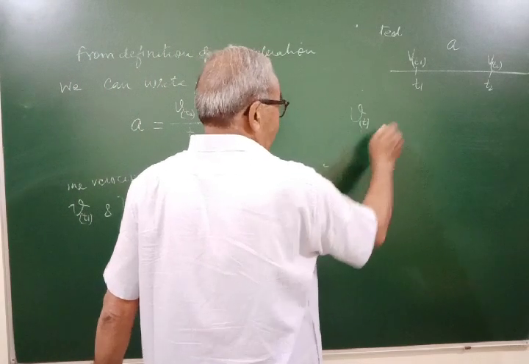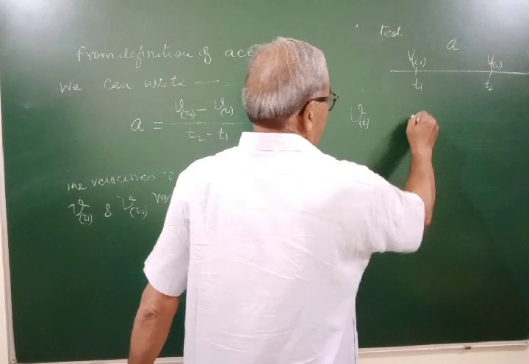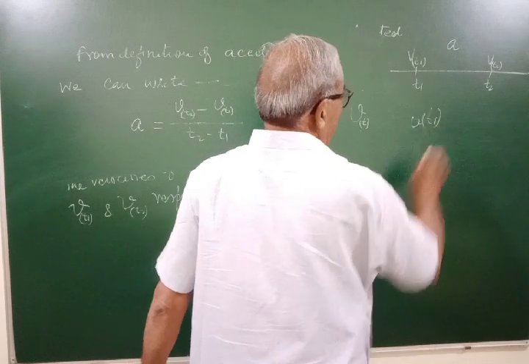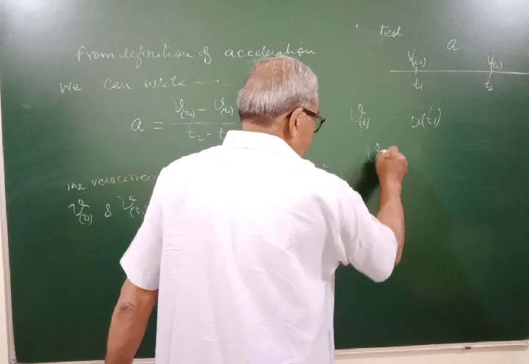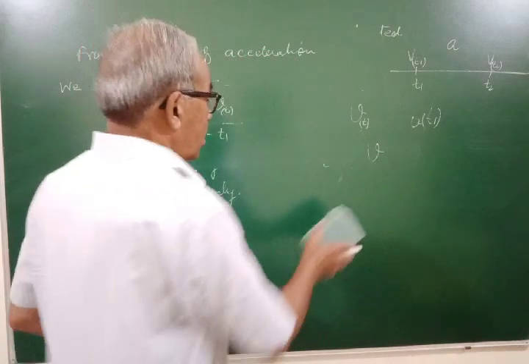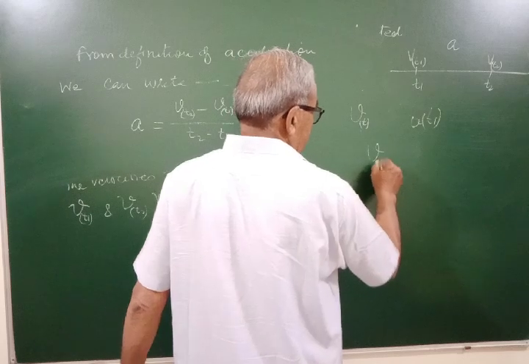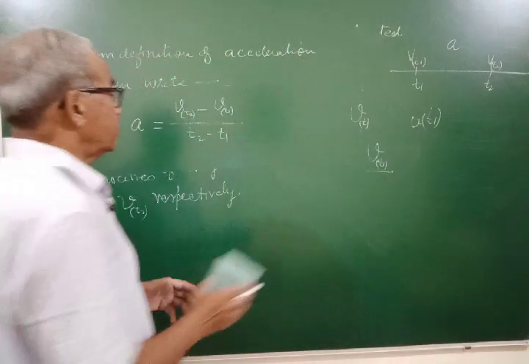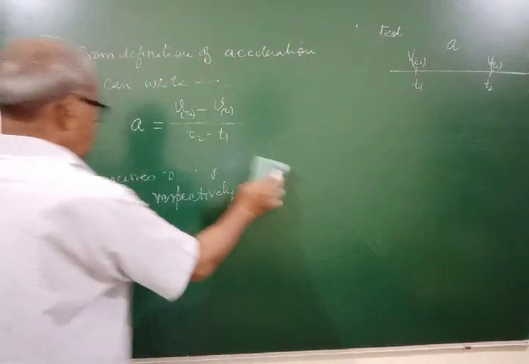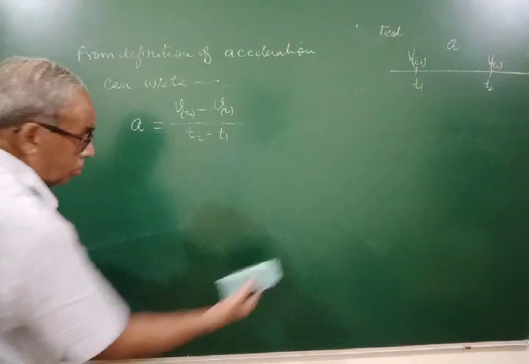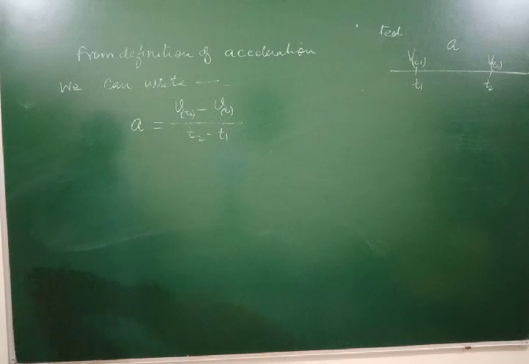Children are doing this, writing a small V and T1 like this, which is wrong. V should have a higher height than T. You should write like this. It is simply a matter of writing.